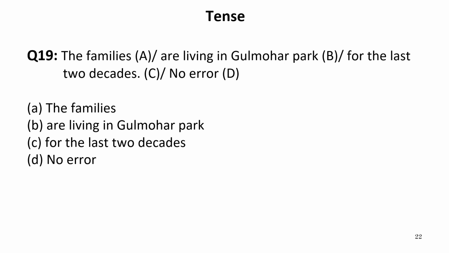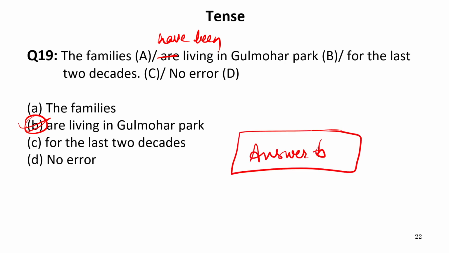That is, subject plus has or have plus been plus verb with ing plus time with since and for. Therefore, here the sentence will be the families have been living. So the correct sentence will be the families have been living in Gulmohar Park for the last 2 decades. So the error is in part B and our answer is B. Now let us move to the next one.